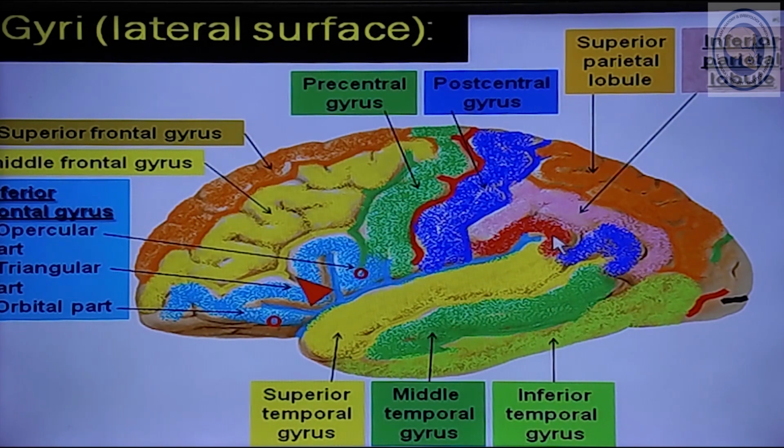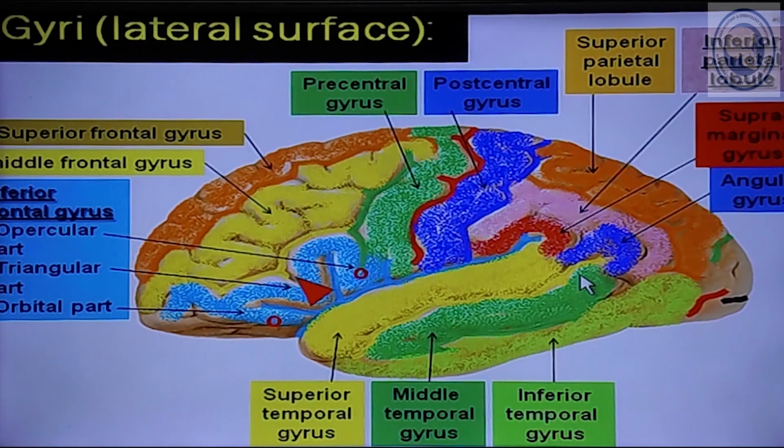These two gyri are, this one is the supramarginal gyrus that surrounds the terminal end of the posterior ramus of the lateral sulcus, and that one will be the angular gyrus, which surrounds the posterior end of the superior temporal sulcus. So we have precentral and postcentral, three frontal, three temporal gyri, and the superior and inferior parietal lobules.